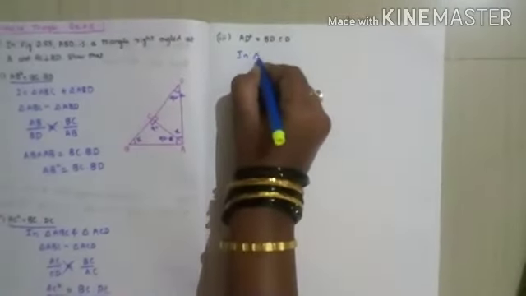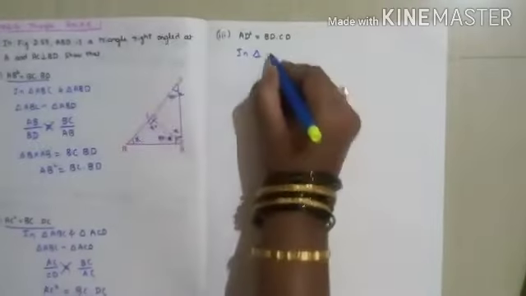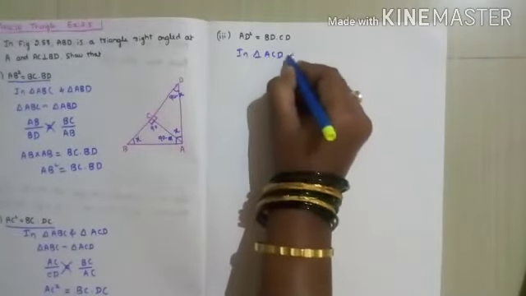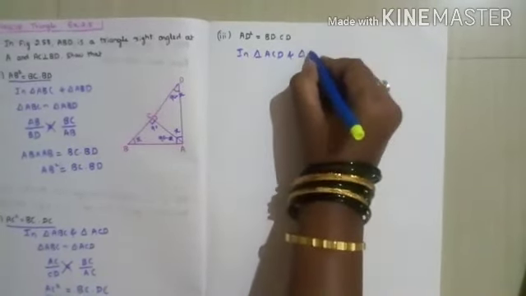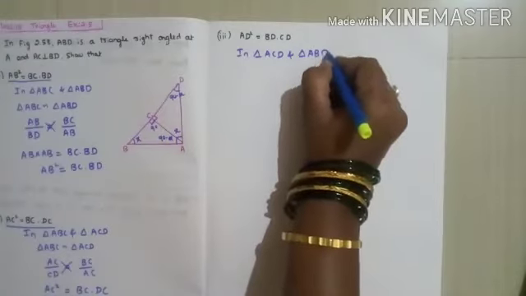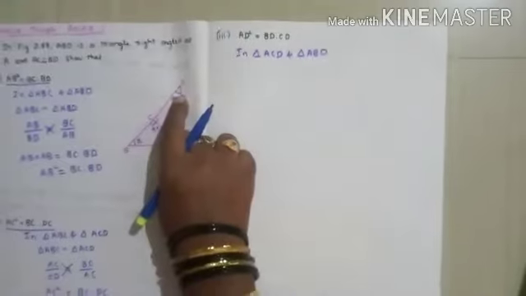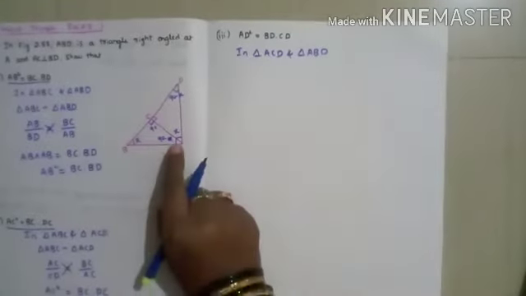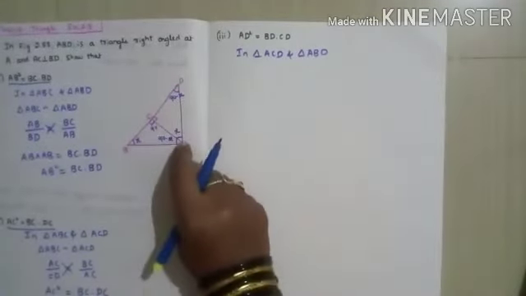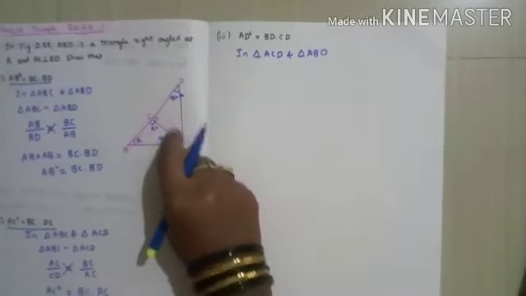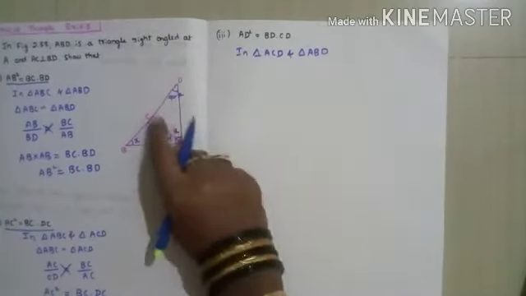In triangle ACD and triangle ABD, this is a common angle, we should not consider. The 90 degree opposite we'll consider. First in this smaller triangle, here 90 degrees is there in triangle ACD.